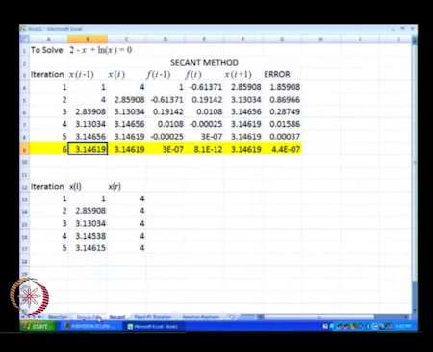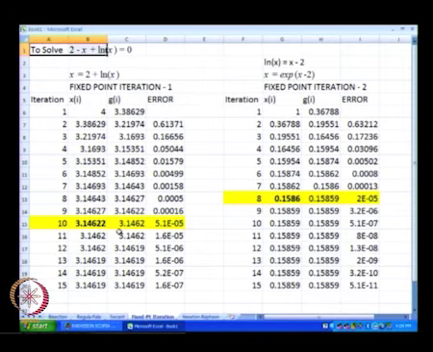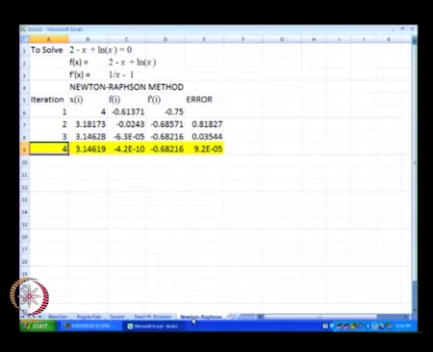Regula-Falsi and the secant method took 5 and 6 iterations respectively. The number of iterations required by Regula-Falsi and secant methods are usually approximately the same as each other, because the underlying method of solving the particular problem to get xi plus 1 is not very different between Regula-Falsi and secant method. Fixed point iteration again took about 10 iterations or 8 iterations in order to converge, whereas Newton-Raphson's took actually just 4 iterations to converge.